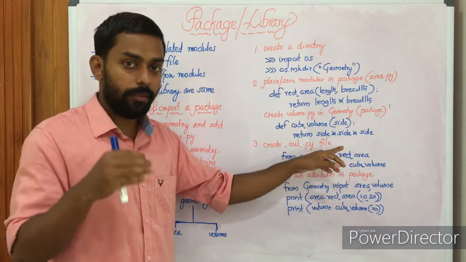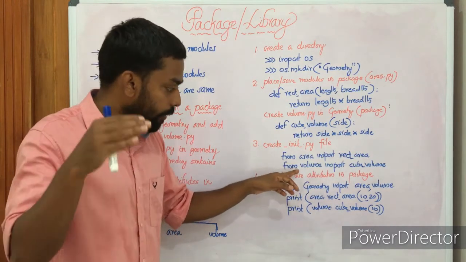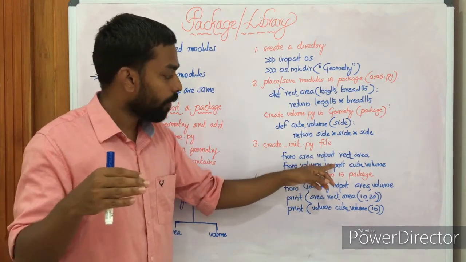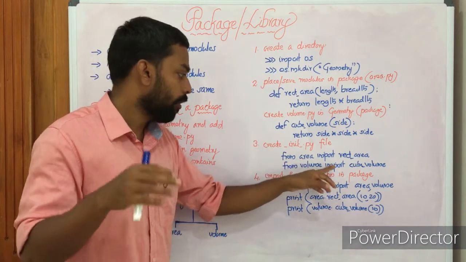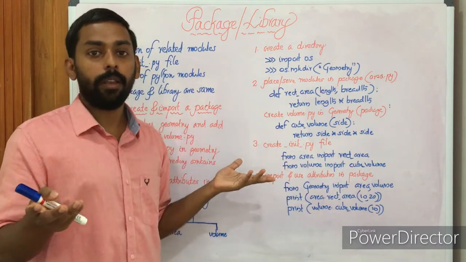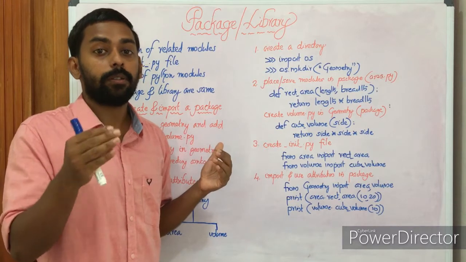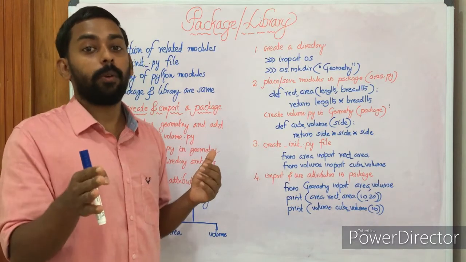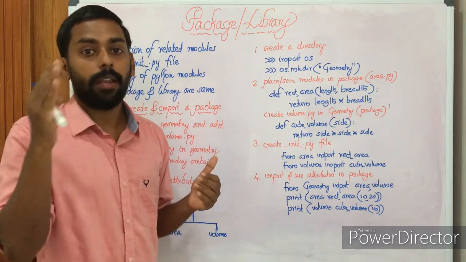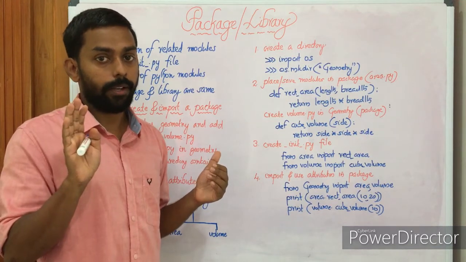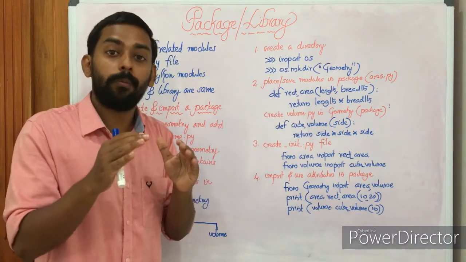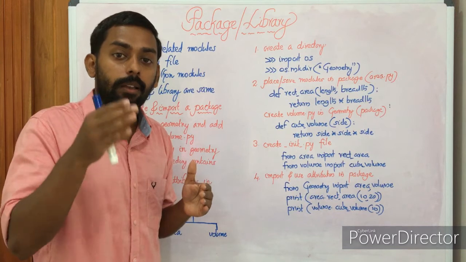Rect area is the function, and with the second statement, from volume module we are importing cube volume. So the init.py file is used just for importing attributes of area and volume, and this file is also saved in geometry.